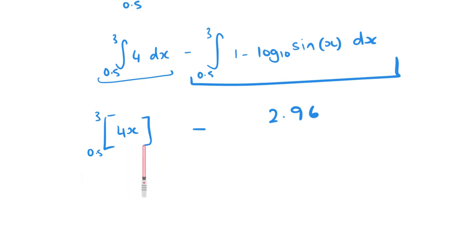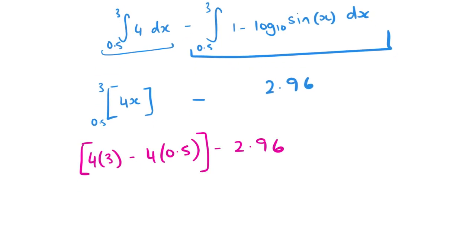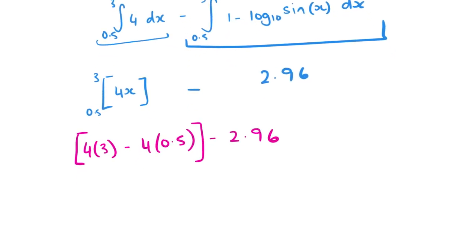But if you're not showing that you can integrate that, you're not going to get the full marks. So you're going to get 4 lots of 3 minus 4 lots of 0.5 minus 2.96. Okay? So then we get 10 minus 2.96, which is 7.04. And that's how you get those 3 marks.